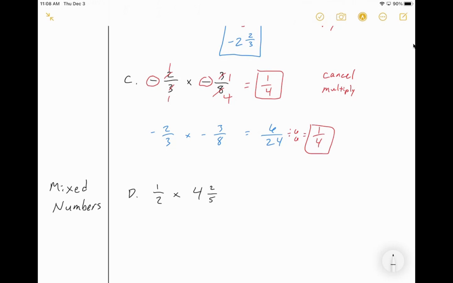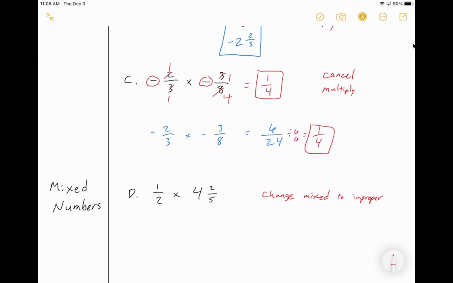So this is the key. The key step is change your mixed numbers to improper fractions. Okay, change your mixed number to an improper fraction, and then you're going to multiply. Then you'll do your canceling and everything like that.